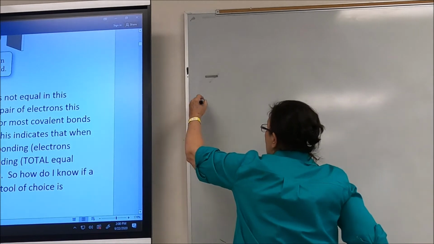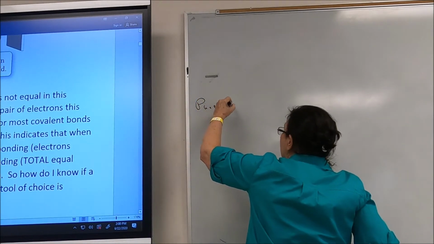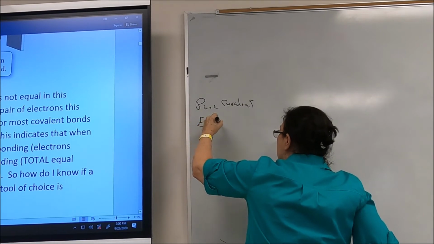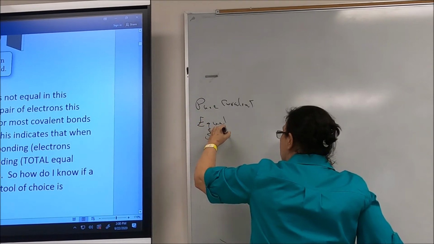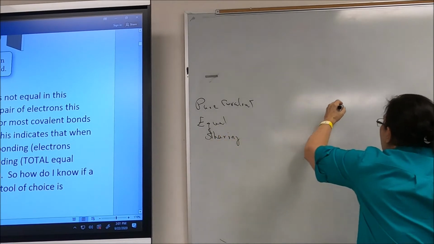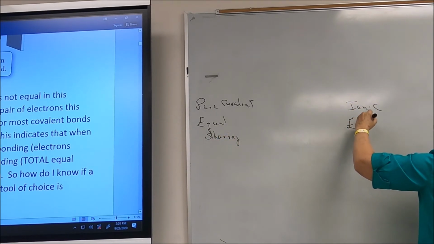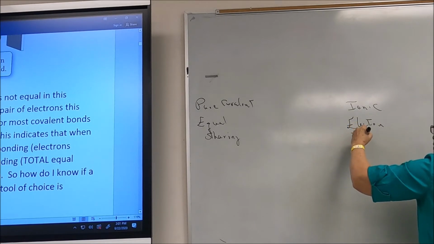So we have pure covalent, equal sharing. We have ionic, which is electron transfer.